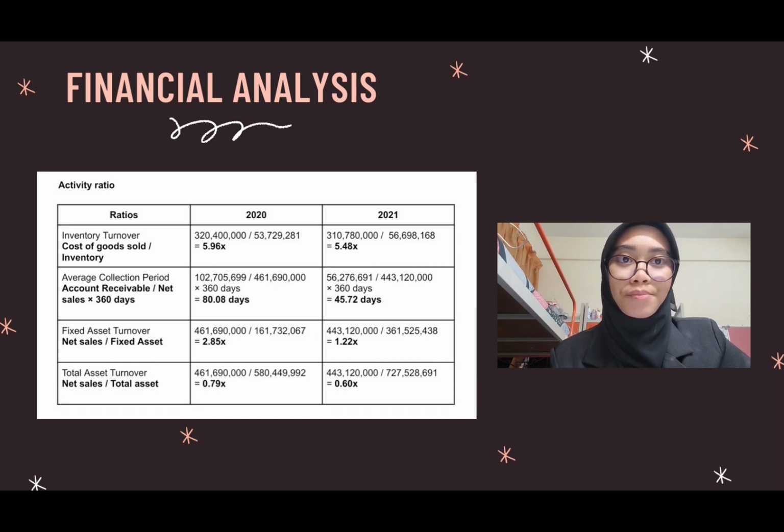Okay, so for fixed asset turnover, the net sales of the business will be divided by fixed assets. For the year 2020, 461,690,000 divided by 161,732,067 equals 2.85 times.